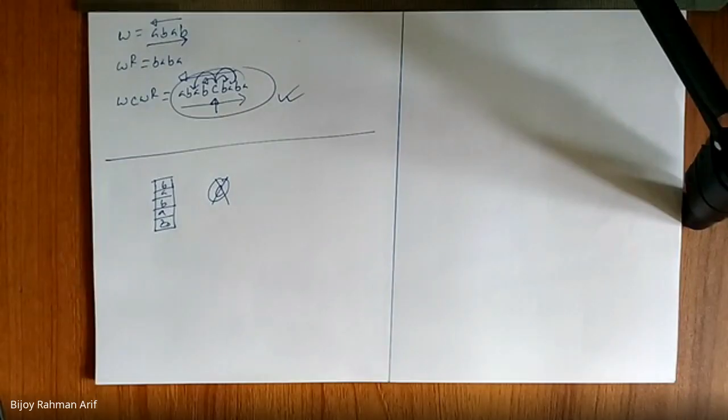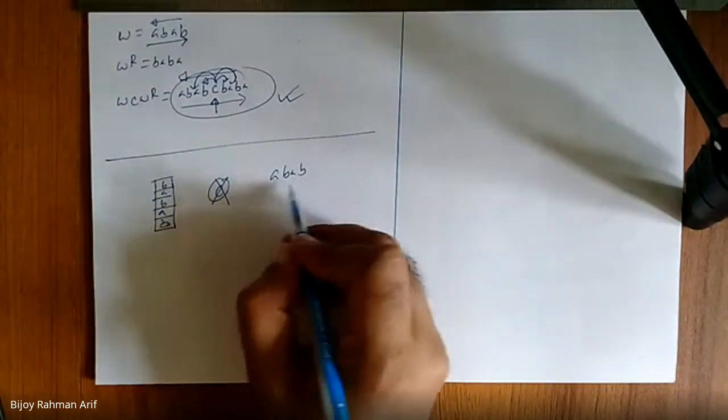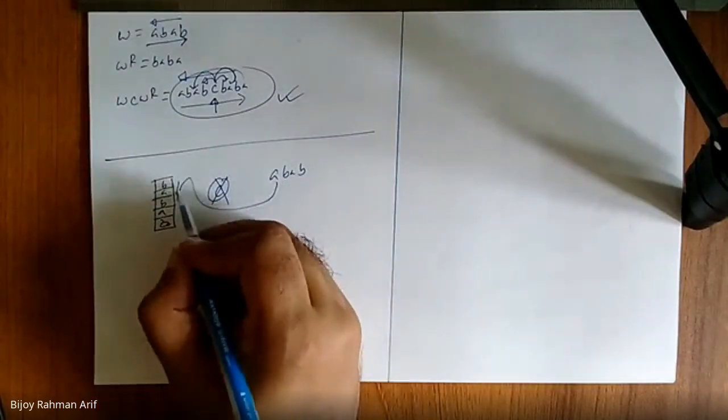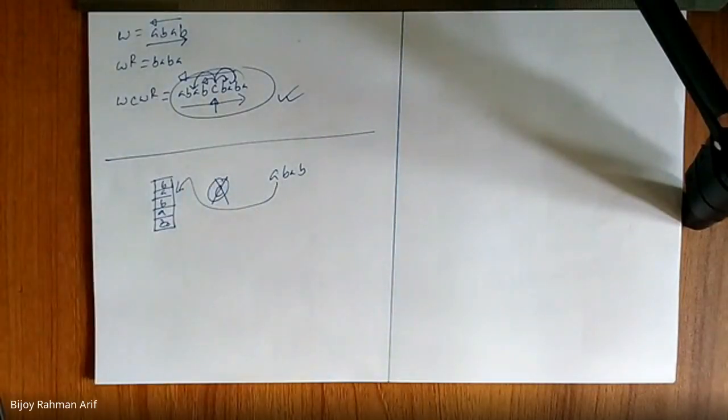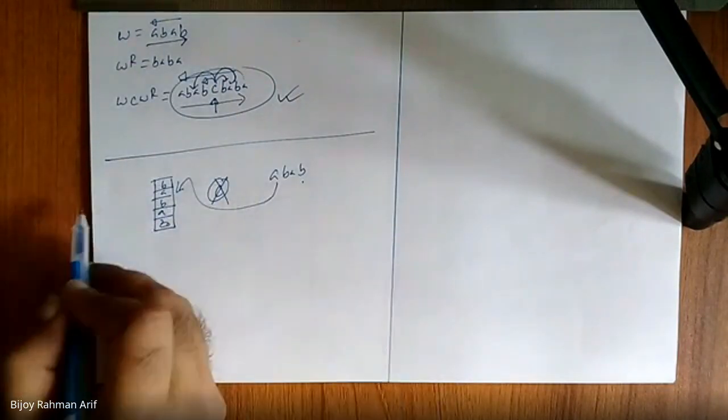Sir, for the same alphabet, we'll pop. Why will it work? Because when you store AB in the stack, it is in reverse order. The last one becomes the top, the second last becomes the second top.